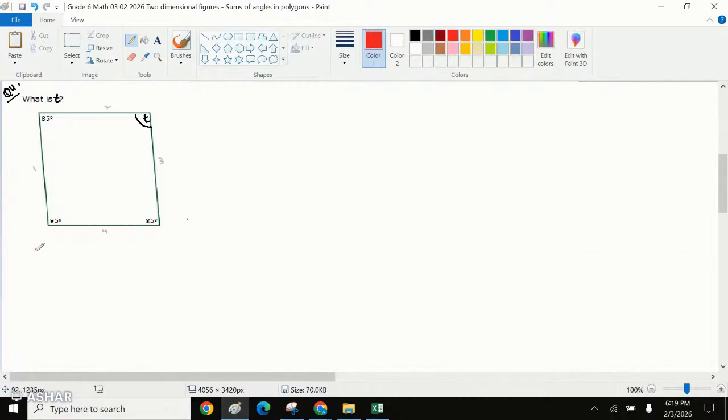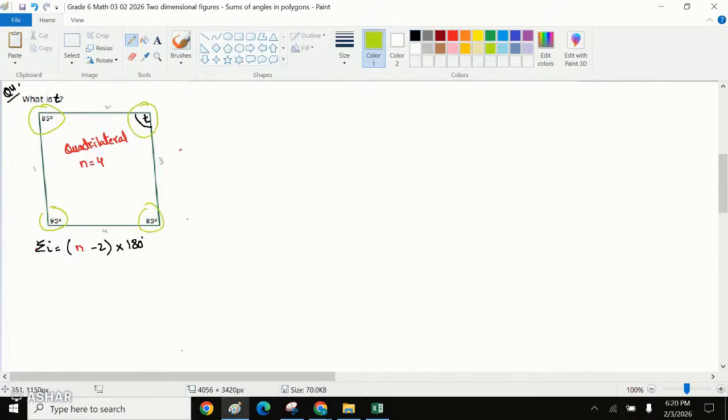So we can say since there are 4 sides, the shape is known as a quadrilateral, right? And we know the formula for the sum of interior angles is n minus 2 into 180, right? This was the formula for finding the sum of these angles.